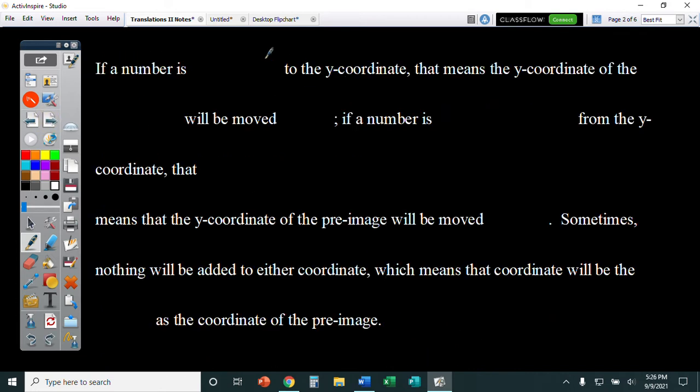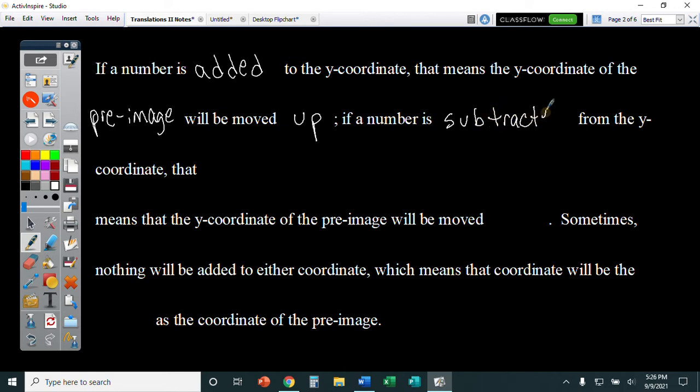Now, if a number is added to the y coordinate, think of an elevator. That means the y coordinate of the pre-image will be moved up. If a number is subtracted from the y coordinate, that means the y coordinate of the pre-image will be moved down. So it's thinking of an elevator, okay?